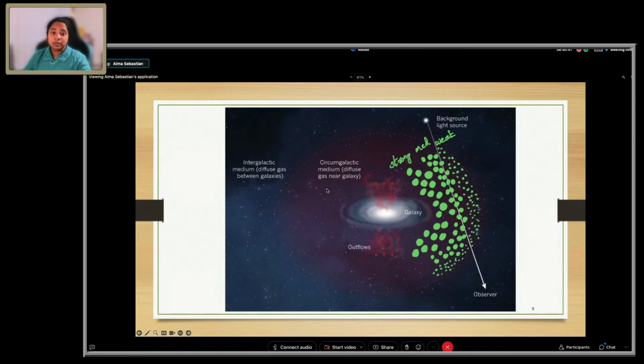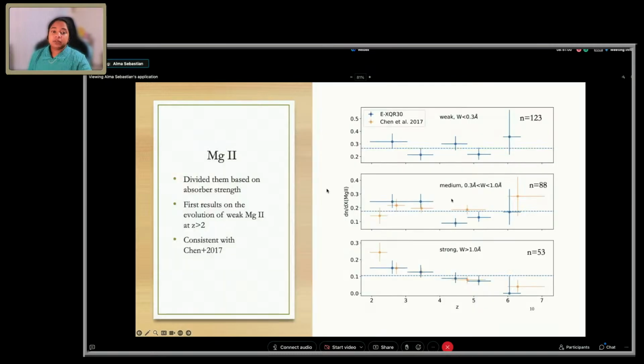Therefore, it is assumed that weak Mg2 absorbers are located far away from the galaxies, while the stronger absorbers are located closer to the galaxy. Therefore, it is important to understand how the evolution of Mg2 differs based on their strength, so we also divided our Mg2 sample into weak, medium, and strong.